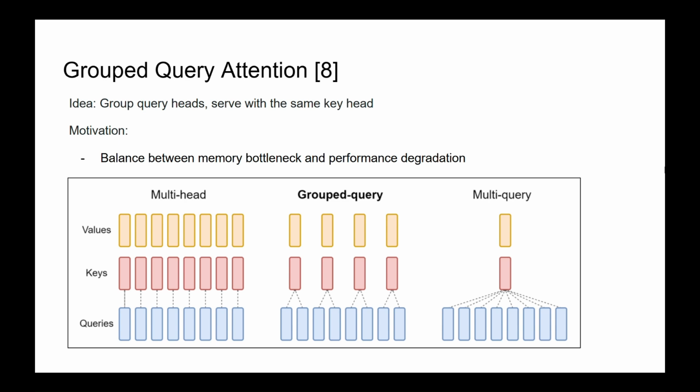Now let's discuss grouped query attention, which is another variant of multi-head attention. This is more specific to the implementation side. When we think about multi-head attention, if we recall the previous scheme, for each of the query heads we will have its own key head, and of course we're going to have the value heads, right? But the reason why this is not good is because of the memory bottleneck.